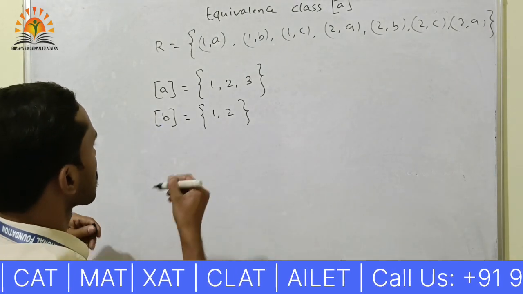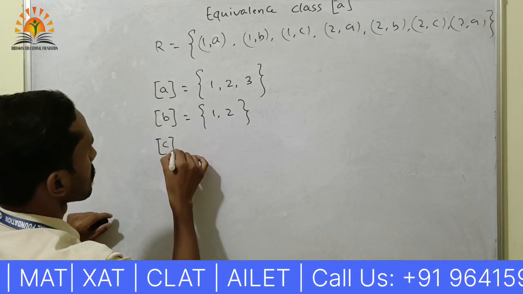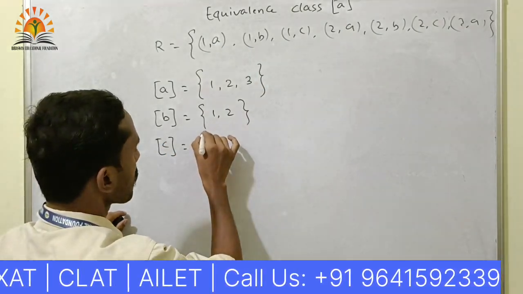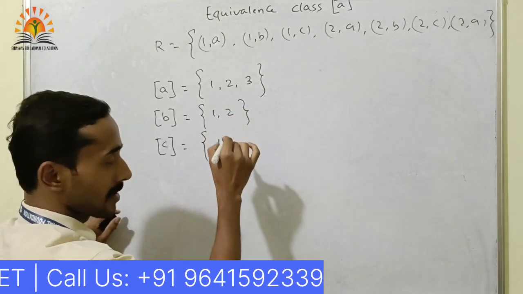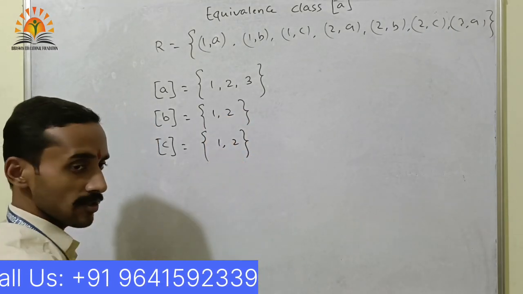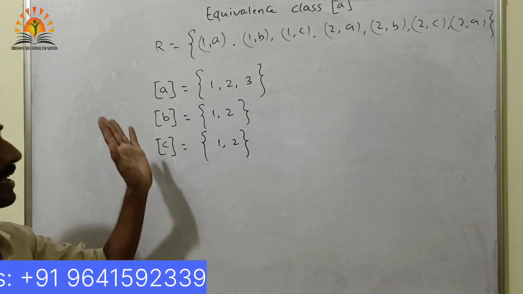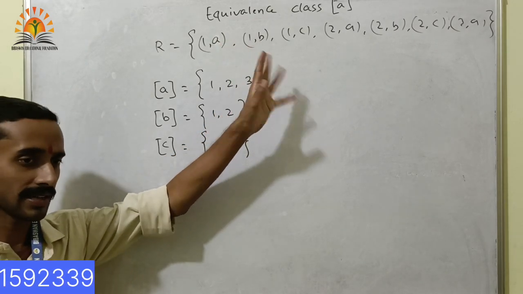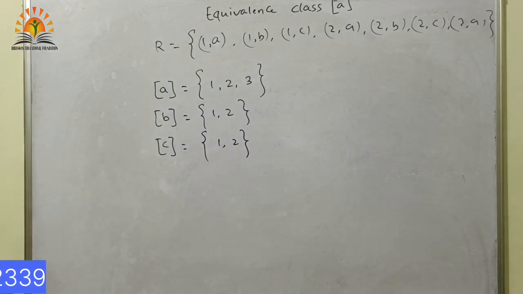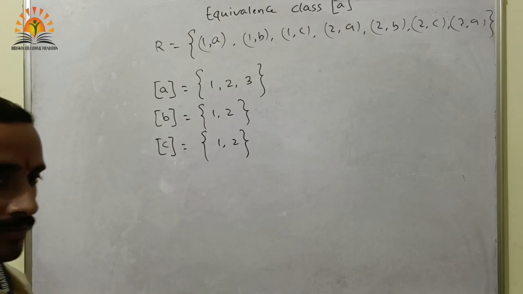Means if I say c, correction, 1 or 2. Understood? What is equivalence class? If you want to write this, you have to write this, or otherwise you can leave it.